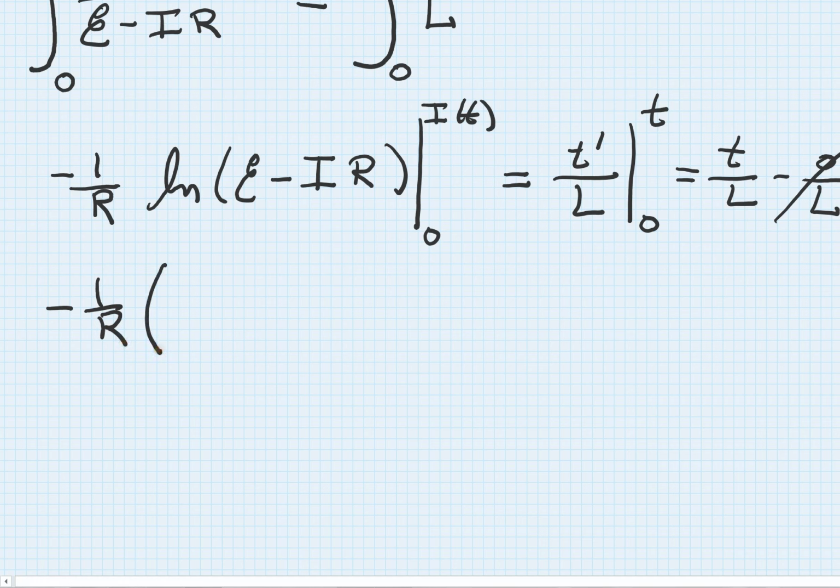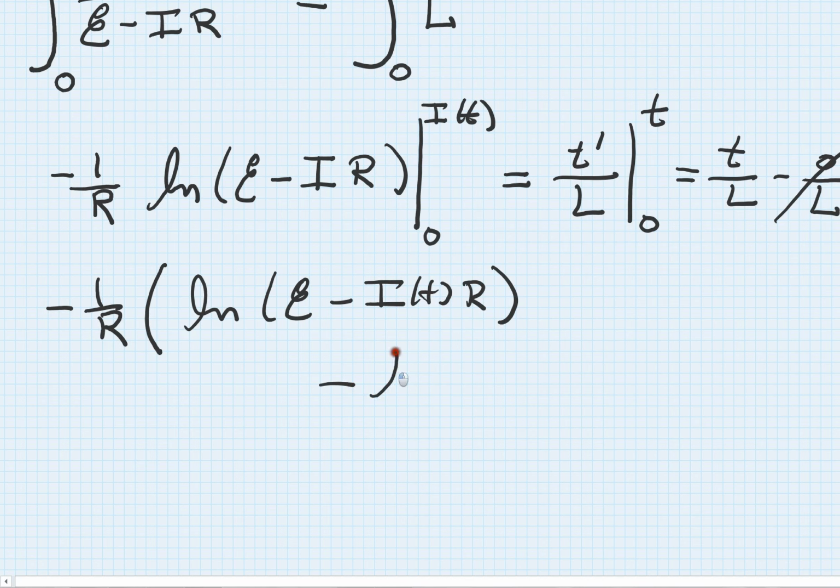The first term you see that we will get when I substitute in I is going to be the log of E minus I at time t times r, I of t r. And then we also have to subtract off the logarithm when we substitute in 0. So that will give me the log of E. And then the difference between these two, of course, has to equal t over L.